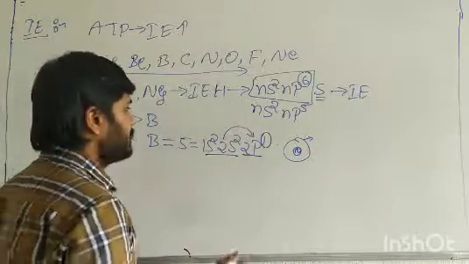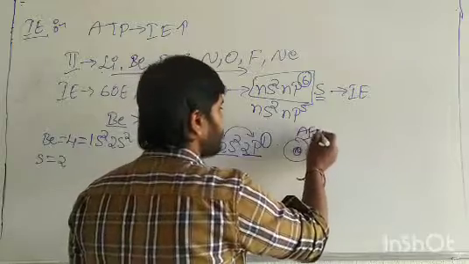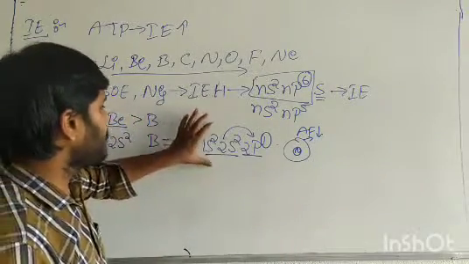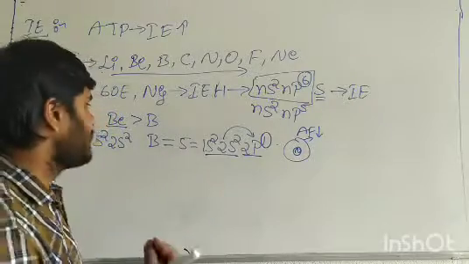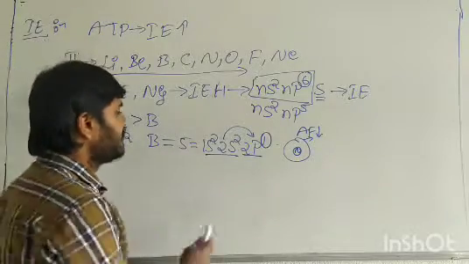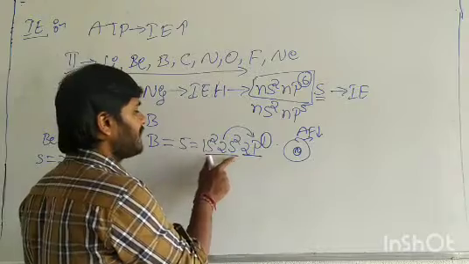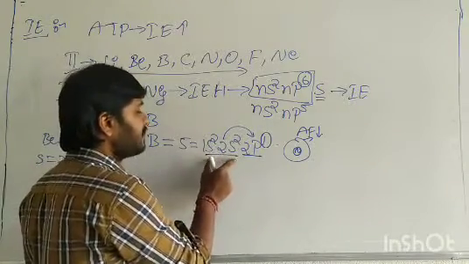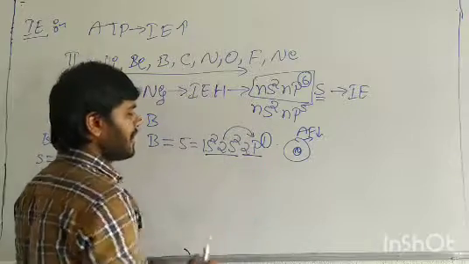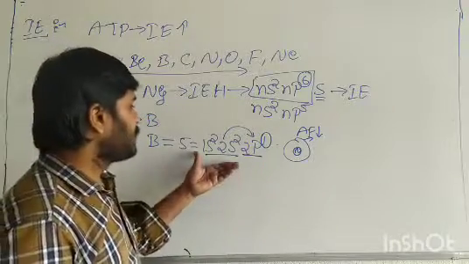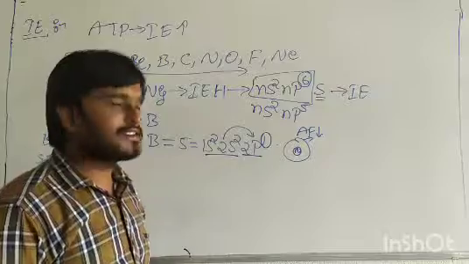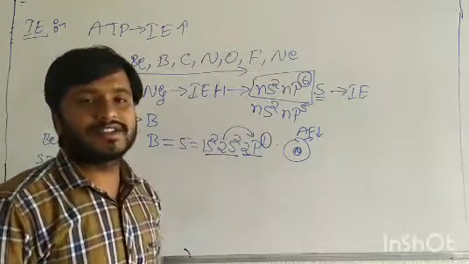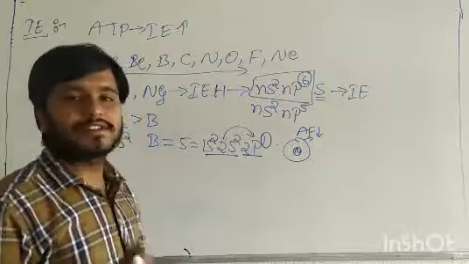Distance increases means the attractive force decreases, right? So boron has a lesser ionization enthalpy because the inner core electrons screen more for the 2p orbital. If screening is more, the attractive force is less, and if attractive force is less, then ionization enthalpy decreases.